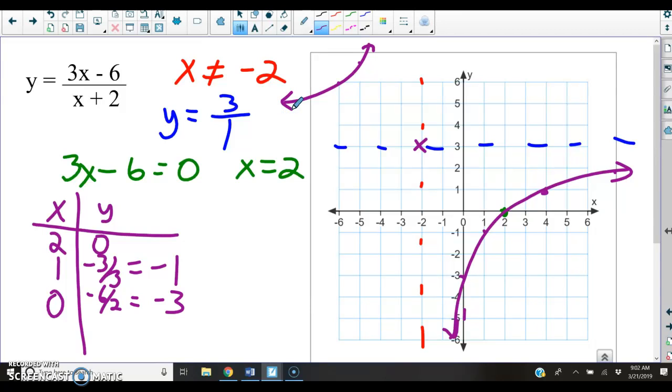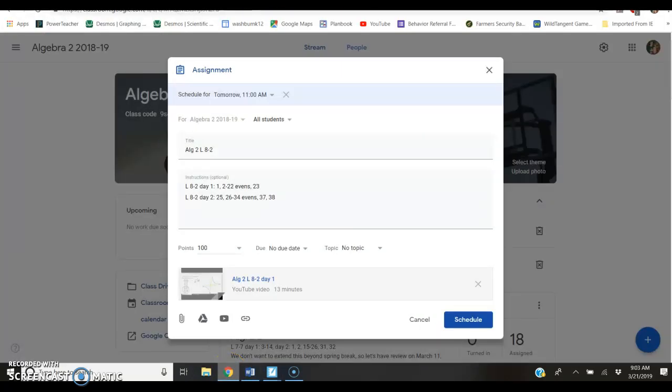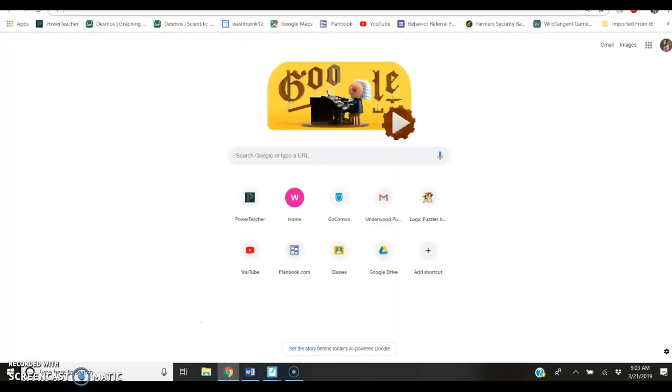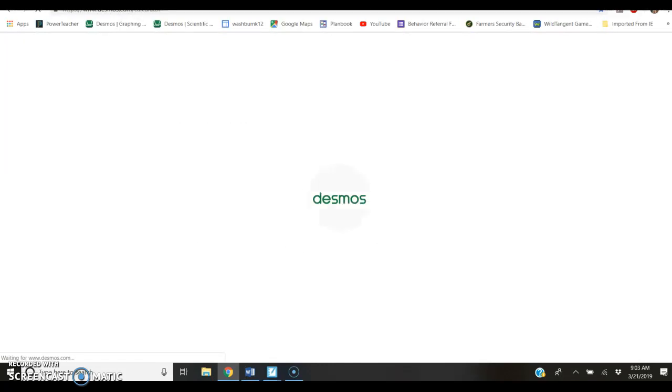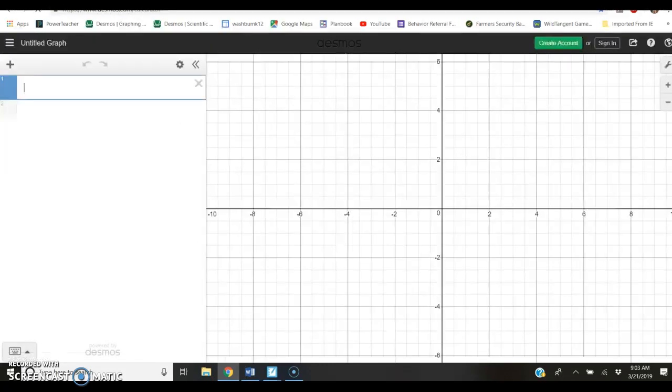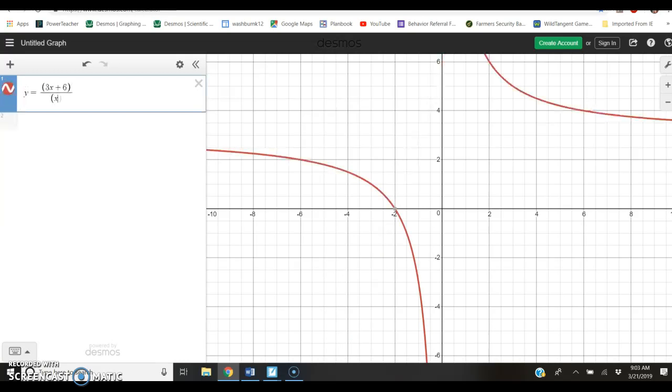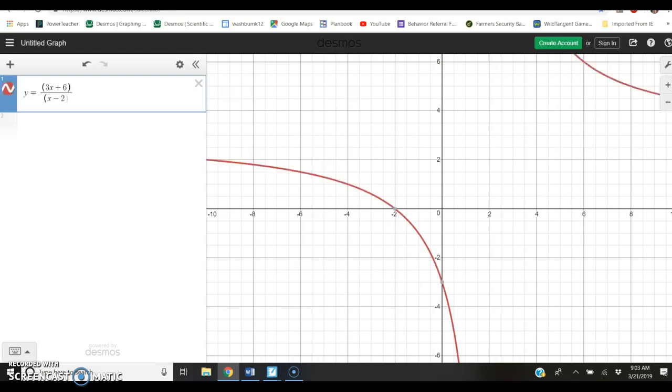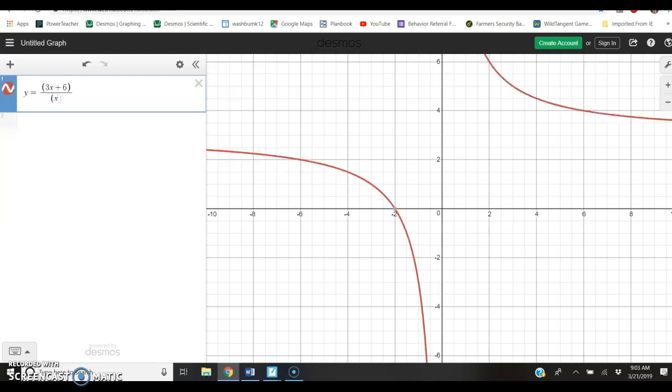Please realize you can also graph this. If I were to go to Desmos graphing calculator, and I hope I can remember that. So I've got y equals, my numerator was 3x plus 6, right? And my denominator was x minus 2. No, x plus 2. I got them switched.